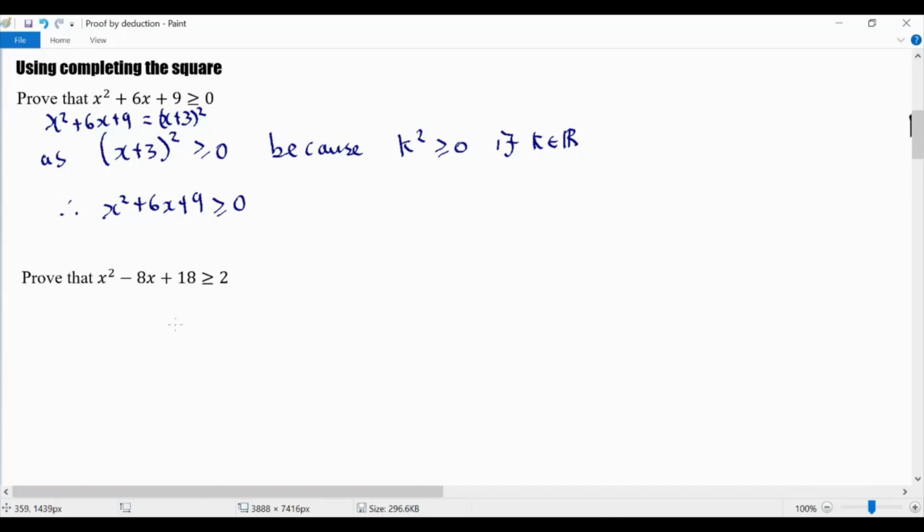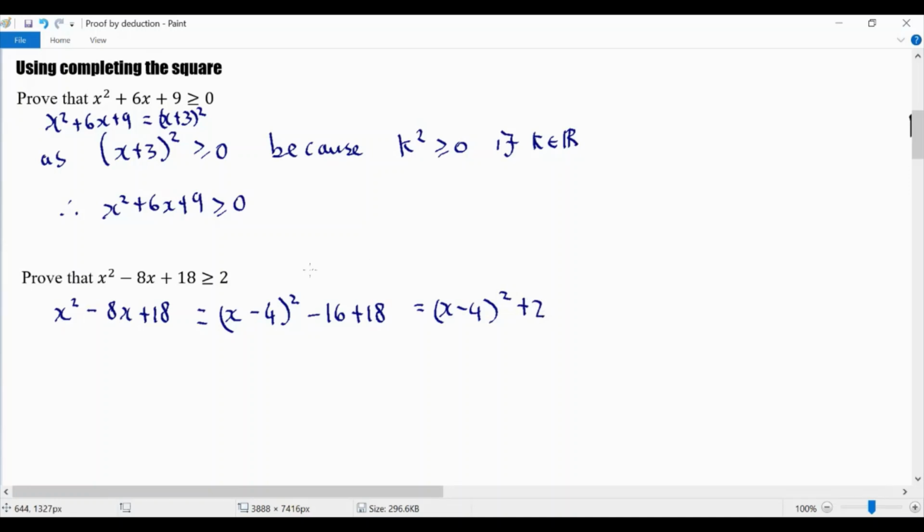Second one, how do you prove this? Well, this is where other key skills start to become useful, things like completing the square, because the whole point of completing the square is to rewrite, for instance, a quadratic in a form so you can show it as something squared, then plus or minus a number. So if we start off by doing a bit of algebraic work, we can rewrite this using completing the square as x minus 4 all squared, take away 16 plus 18, which of course is just x minus 4 squared plus 2.